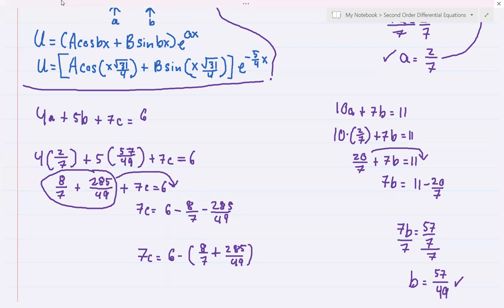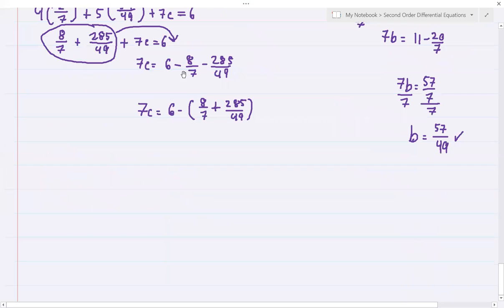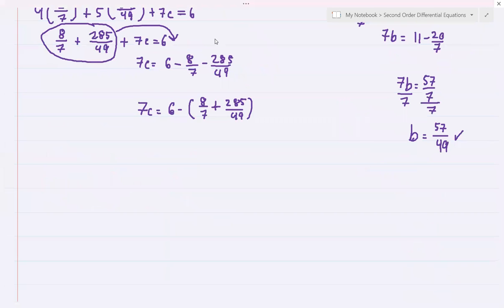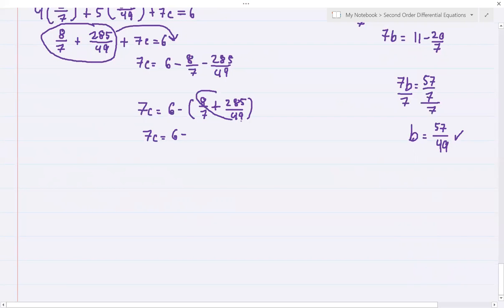In here, we can now use the butterfly technique. First, let's multiply 8 to 49. 8 times 49, we will have 392.